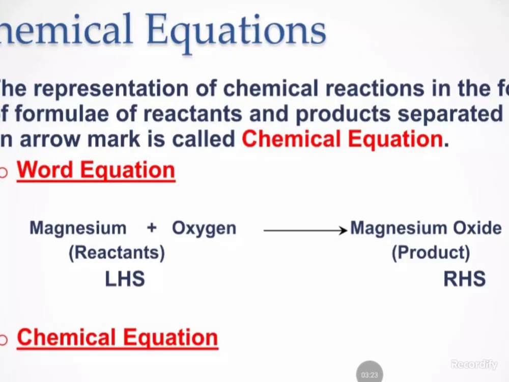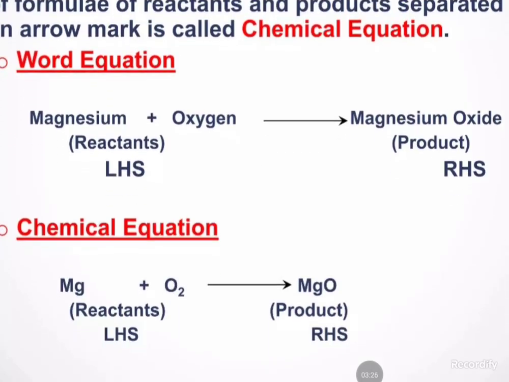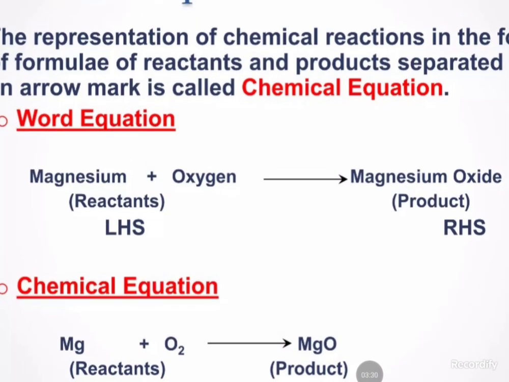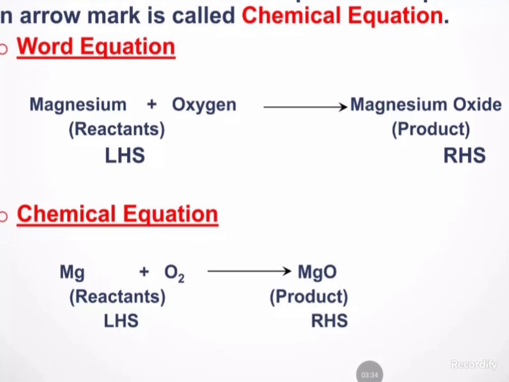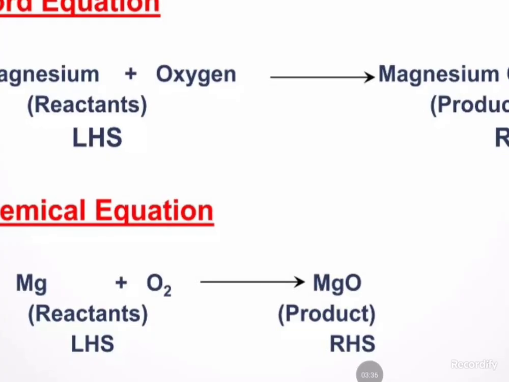What is the formula of magnesium ribbon? It is Mg. When we burn the magnesium ribbon in the presence of oxygen, it changes into magnesium oxide. Here, the magnesium and oxygen are represented on the left hand side. Both are reactants, both are combining, so that's why we represent them on the left hand side.